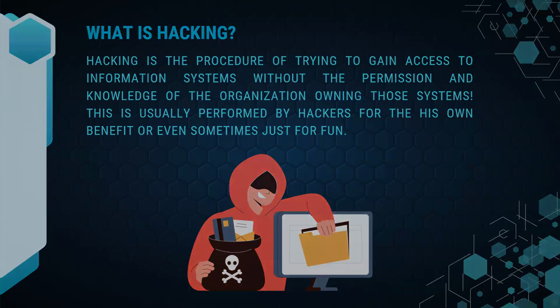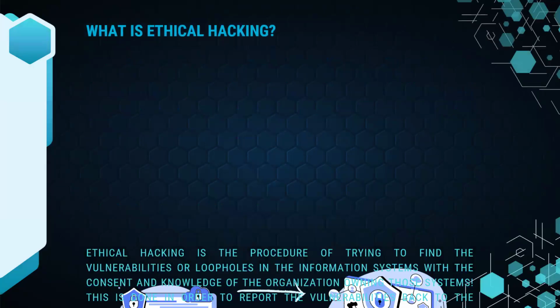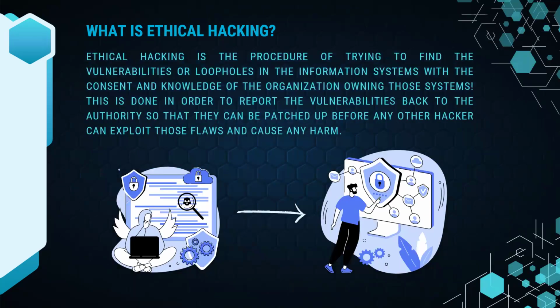To define ethical hacking, on the other hand, this is the procedure of trying to find vulnerabilities. This terminology called vulnerability is something that you'll keep coming across multiple times during the entire duration of the course. A vulnerability is a loophole, a flaw or a weakness in the application's logic or a misconfiguration in the device.